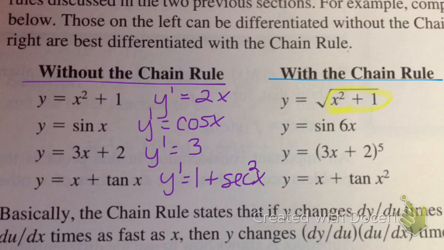On the next one, y equals sine of 6x. 6x is inside of the function of sine, so you have to use the chain rule. On the next one, y equals 3x plus 2 to the 5th. 3x plus 2 is inside the function of something to a power. In the last one, x squared is inside of tangent. So it's when there's a function inside of a function, and that's what we're going to look at.